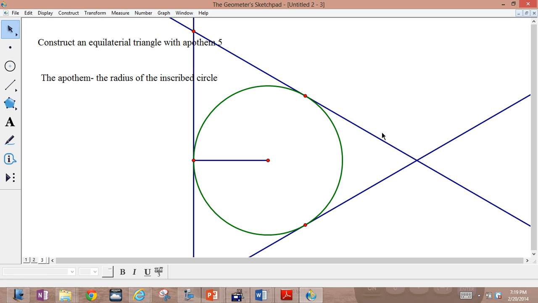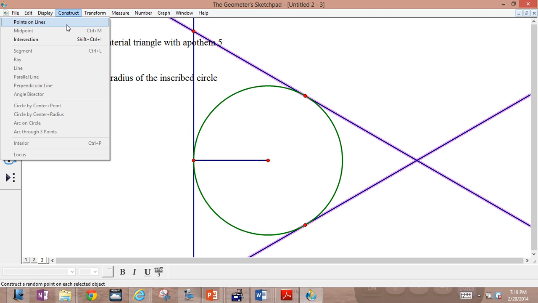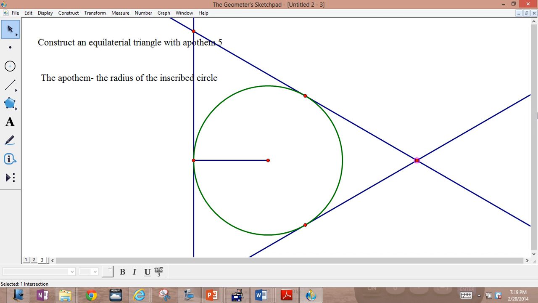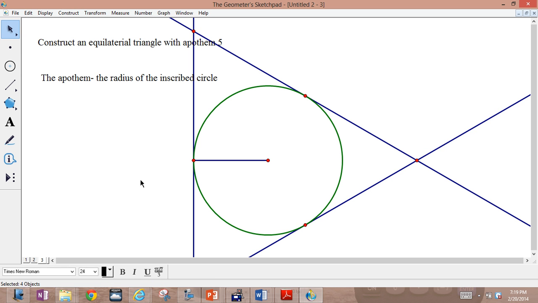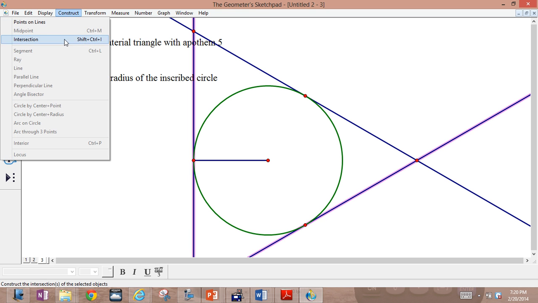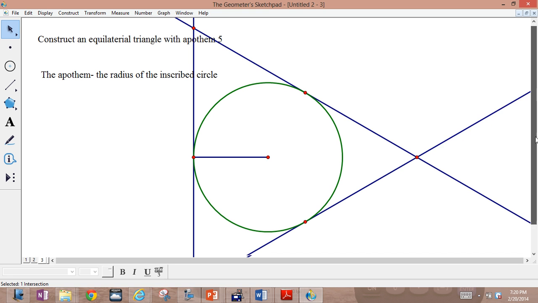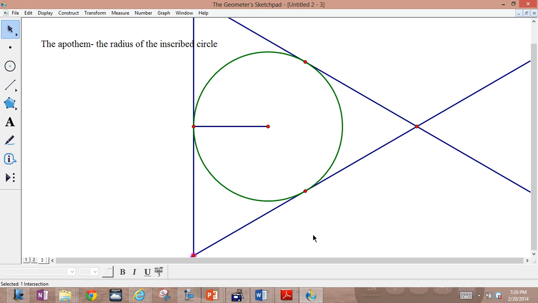Select these, construct the intersection, and come down and get my other intersection down here. Again, I get too many things selected. Select, select, construct intersection, and the intersection is there.